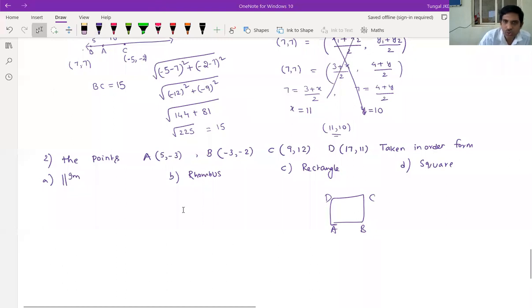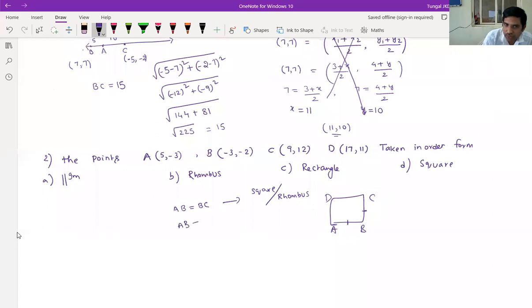Right. So we already know a shortcut. If AB and BC are equal, then the option is either square or rhombus. Correct? In a square or rhombus, AB and BC both are equal.